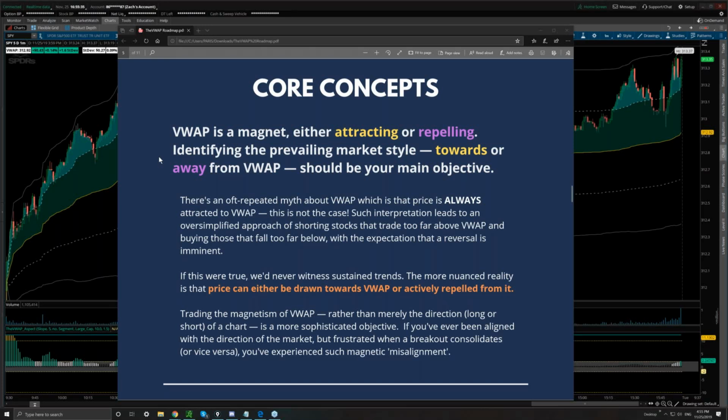I think a lot of people have in the past described VWAP as a magnet, but they only describe it as an attracting magnet. It's kind of funny that the analogy is perfect. You just have to develop it a little further and say, not only can it attract, it can also repel.